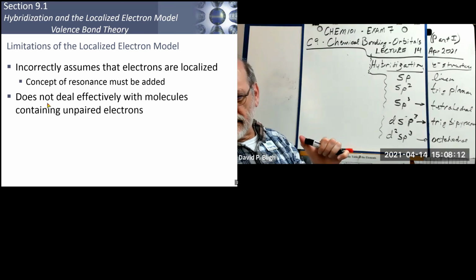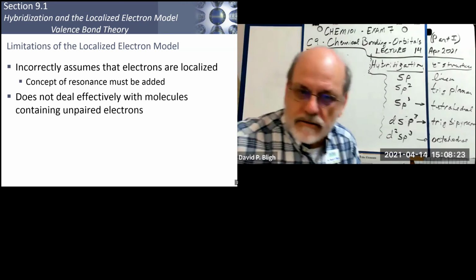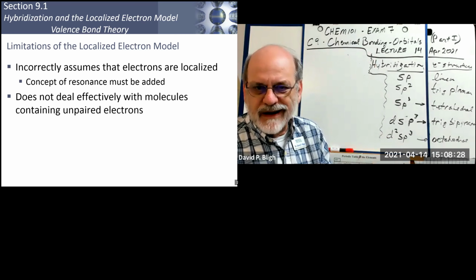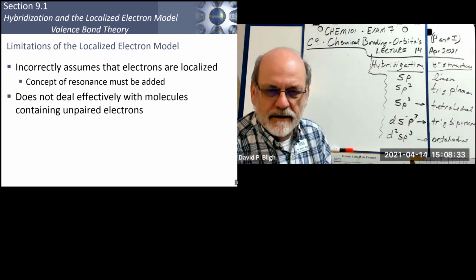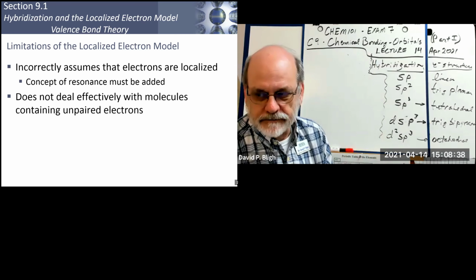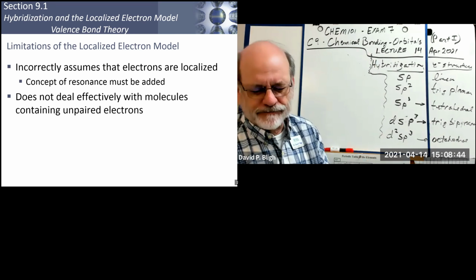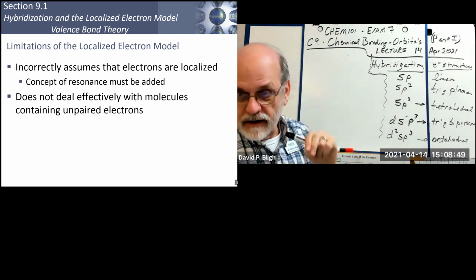I'm not so sure that it doesn't deal with molecules with unpaired electrons. It does. It puts them someplace, right? Sometimes they go into hybrid orbitals. But that doesn't always effectively describe what those electrons are doing. For instance, with ammonia, you have one lone pair in a hybridized orbital.